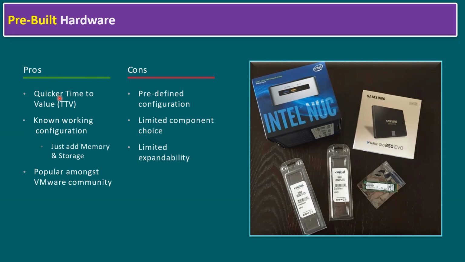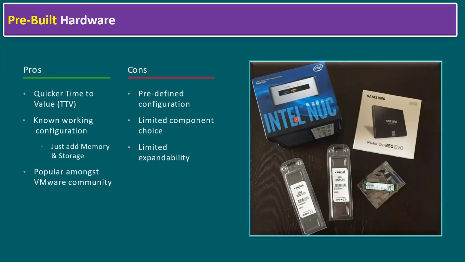And pros: quicker time to value, and a known working configuration, you just add memory and storage. This is the specialty of pre-built hardware. We can buy a home lab kit, and you can just include RAM and storage, whatever storage you want. And it's popular amongst the VMware community, even this model is very popular. And the cons are predefined configuration, we cannot do many modifications. And limited component choice, depending on the model.